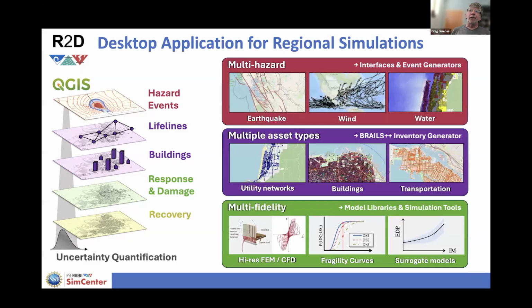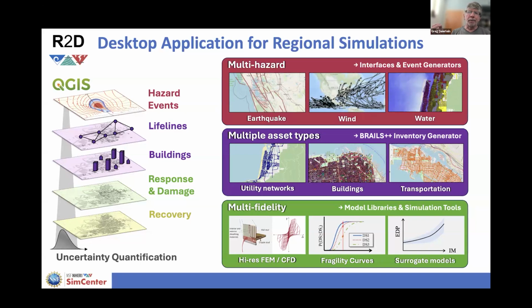Today we'll be talking about earthquakes, but the SimCenter has a broader mandate. We're looking in particular at hurricane wind and storm surge, and also tsunami type risks. So being able to characterize multiple hazards, looking at different asset types, again, buildings, transportation, utility. The SimCenter has developed some tools.